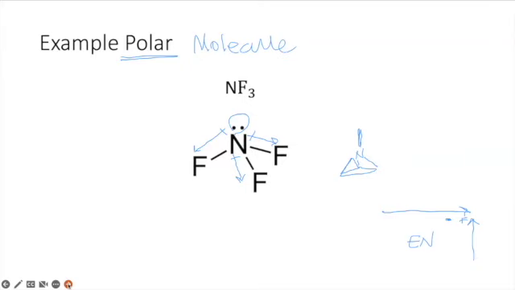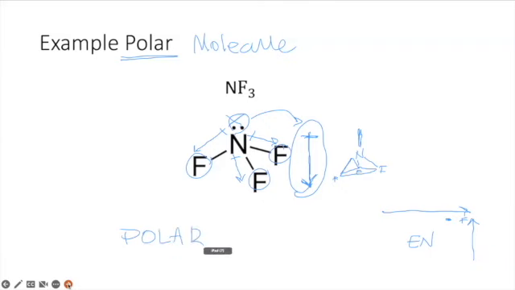Overall, the net dipole is pointing down because these atoms want to get as far away from each other as possible, so they go to the ends of the pyramid. They also want to get as far away as possible from the electrons, but the electrons do not contribute to the overall dipole moment. So because it has a net down dipole, this ends up being polar.